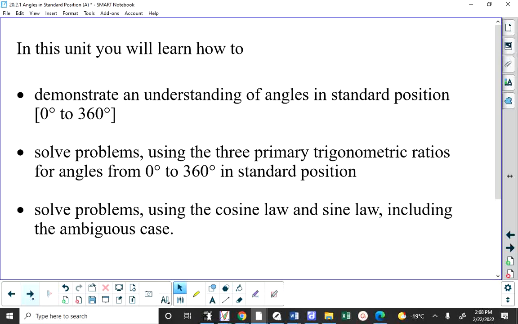Then we're going to be looking at the three primary trigonometric ratios: sine of an angle, cosine of an angle, and tangent of an angle. But we are going to be looking at rotation angles in those ratios past 90 degrees. So we're going to be talking about the meaning of something like, for example, the sine of 330 degrees, which happens to be negative 0.5.